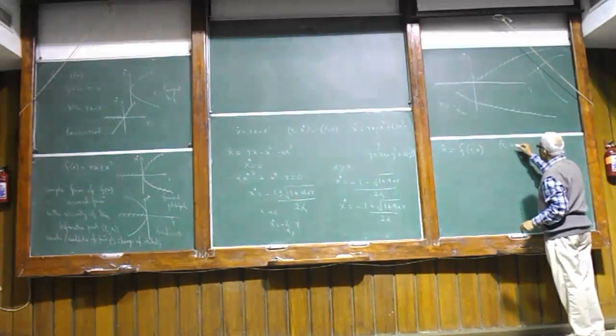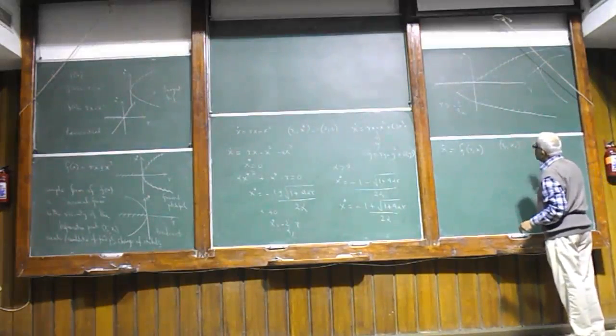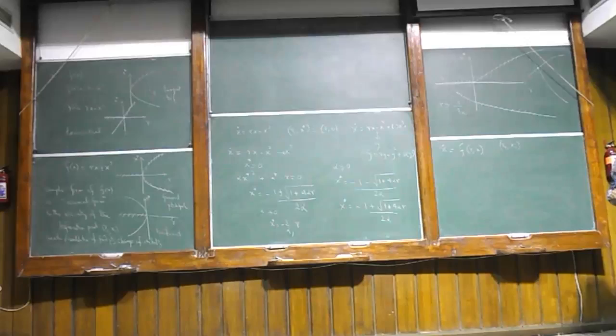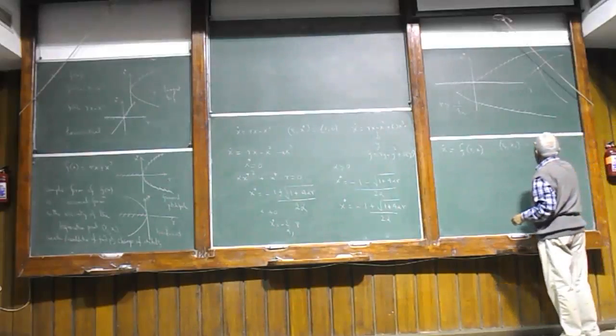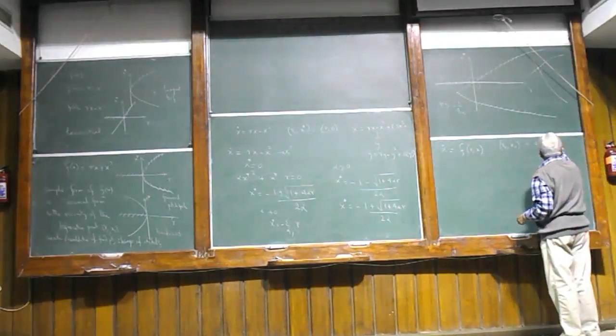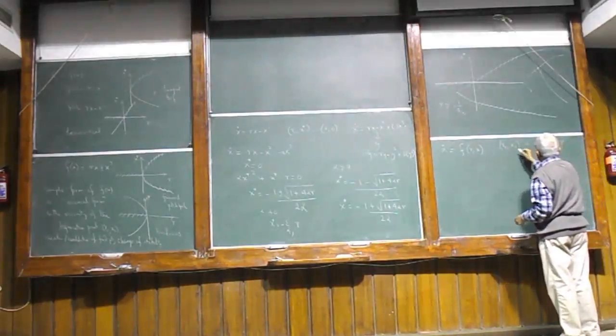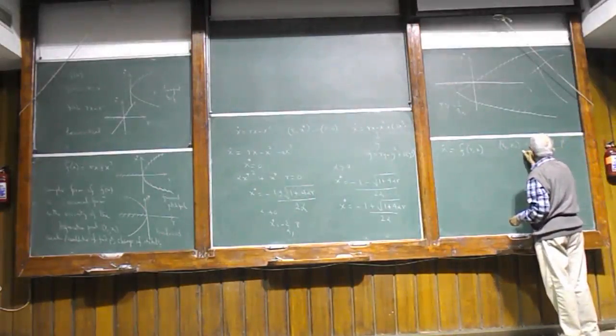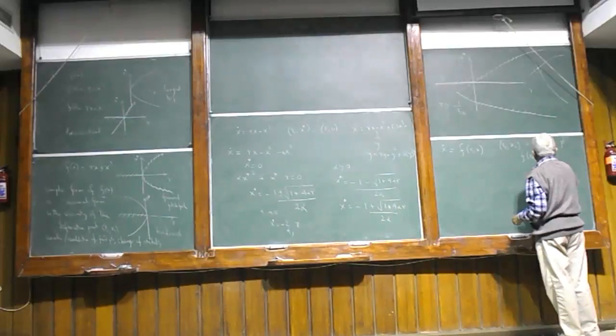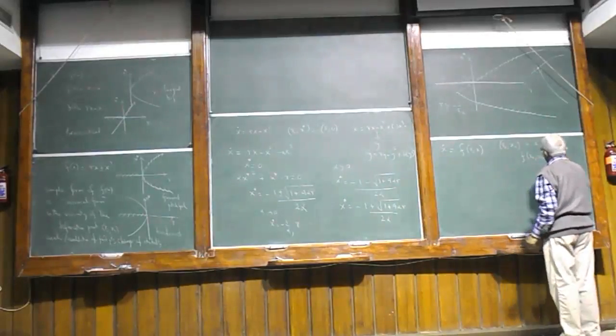So r0, let's say r critical, x0 is a fixed point. So imagine that I've found this fixed point over here. (r_c, x0) is a fixed point, which means that f(r_c, x0) is equal to 0.